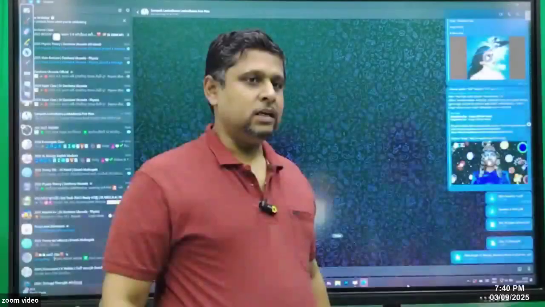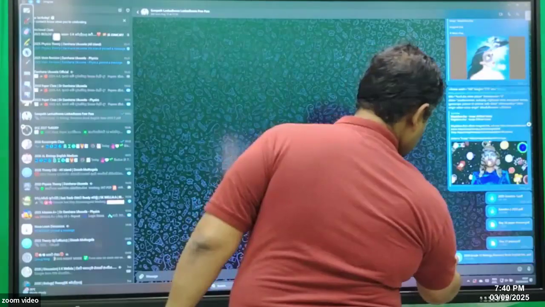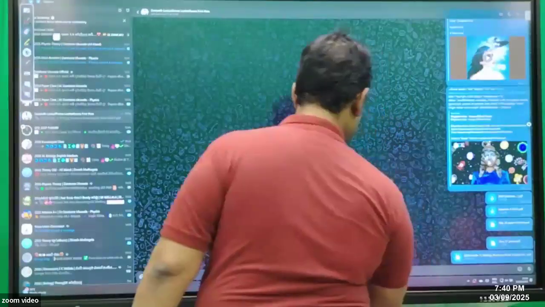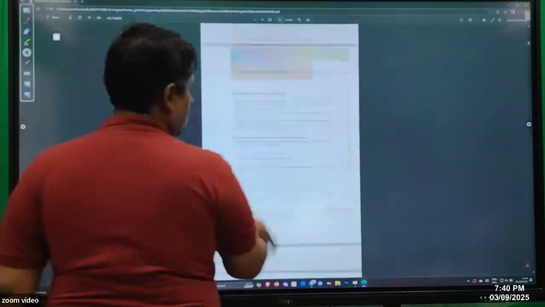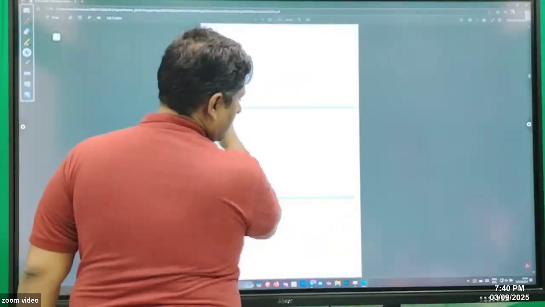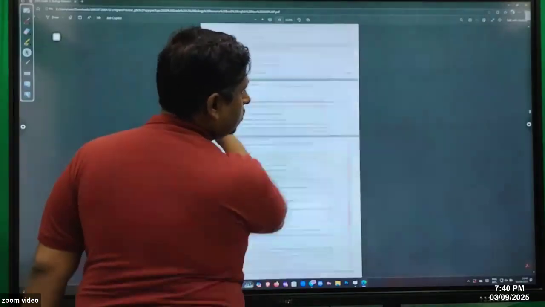Plant secondary growth. So, secondary growth, people, we will quickly go through.